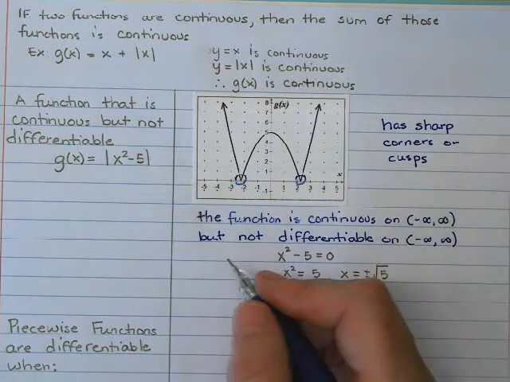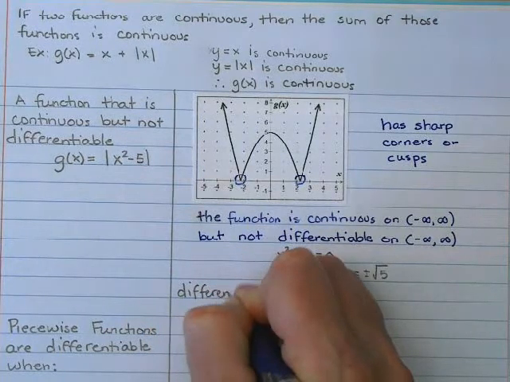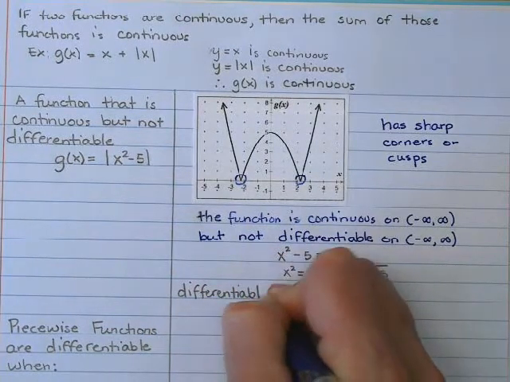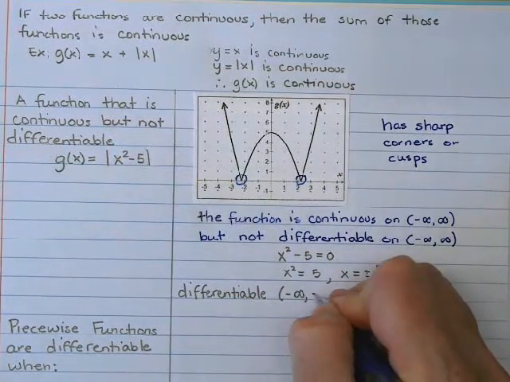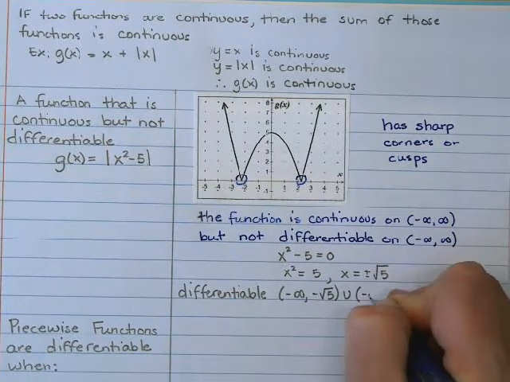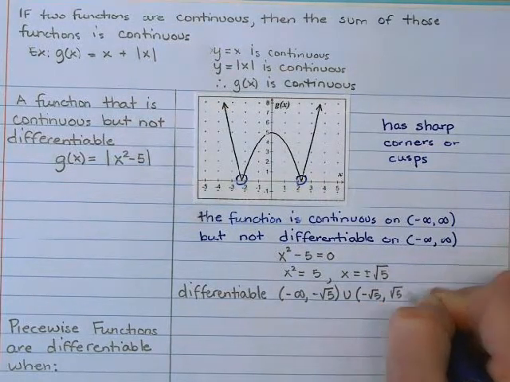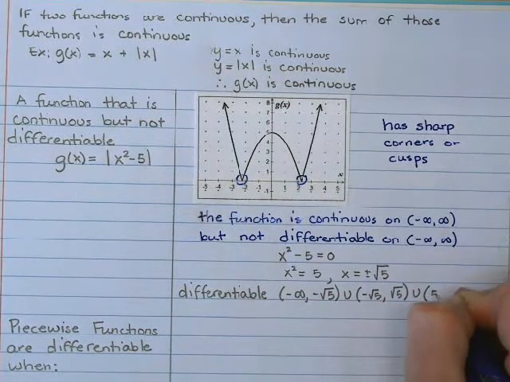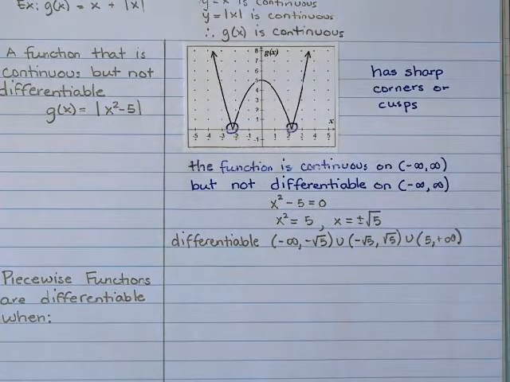Okay, so I'm going to say that it's differentiable from negative infinity to negative square root of 5, negative square root of 5 to positive square root of 5, and square root of 5 to positive infinity. That's all I need to do, I can just get rid of that point.